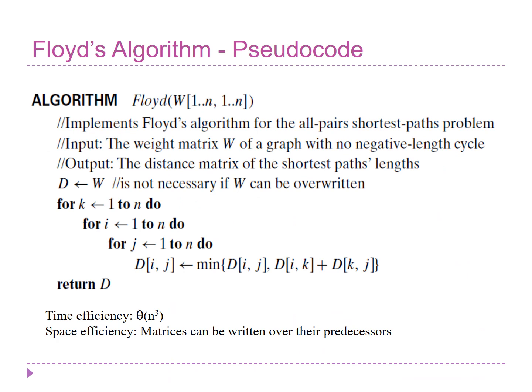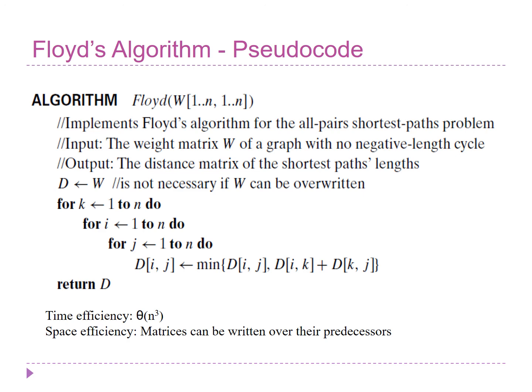The pseudocode for Floyd's algorithm is as given here. The input to the Floyd's algorithm is the weight matrix W of the graph with no negative length cycle. The output of the Floyd's algorithm is the distance matrix of the shortest path lengths.